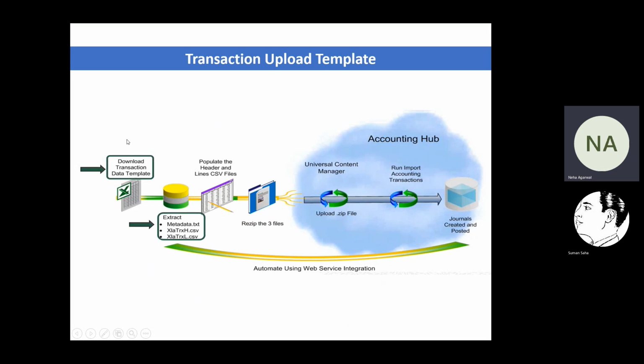Once that template is downloaded, we will save the file on our local drive. We'll extract the three files inside it, the metadata.txt. The metadata file contains the key information about the source system, then the XLA TRXH CSV. This file contains the header level columns for the transaction data that can be populated.